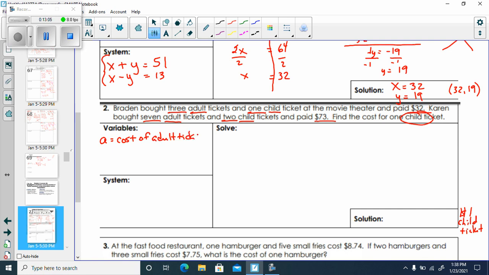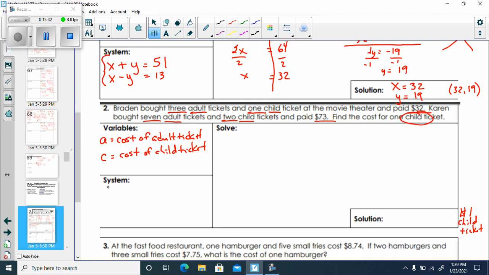Okay, because that's what we're adding everything up to, is what it cost, right? And C is equal to the cost of a child's ticket. Okay, there's my 2 variables, A and C. And I said it was the cost of the tickets, not the numbers, because the things I'm adding this up to is cost here, right?